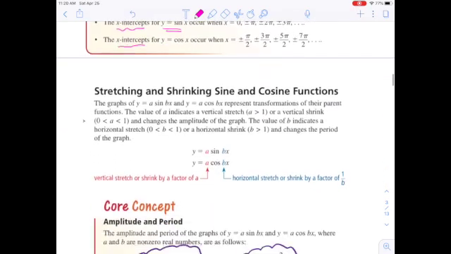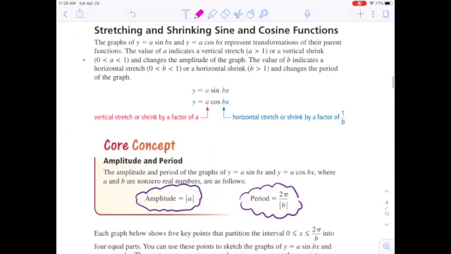Now, of course, we can transform these graphs; we can stretch and shrink our sine and cosine functions. Hopefully, from the investigation yesterday, you have a general idea of what I'm talking about. When you have a sine function and an a value being multiplied by it, that is your vertical stretch and shrink of the graph.